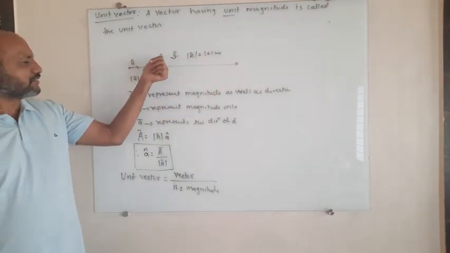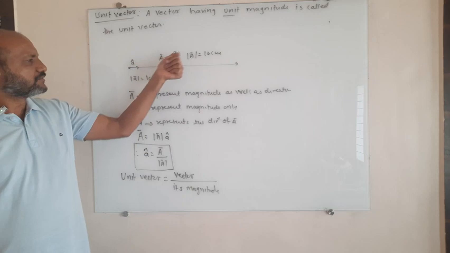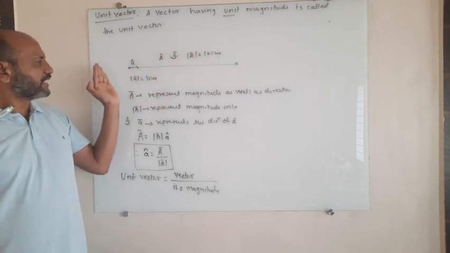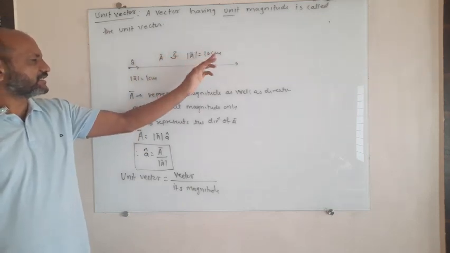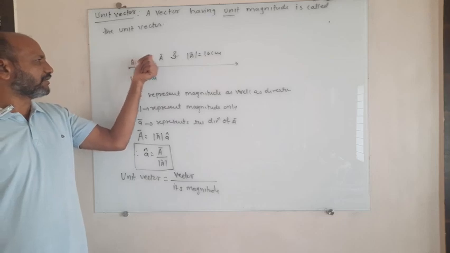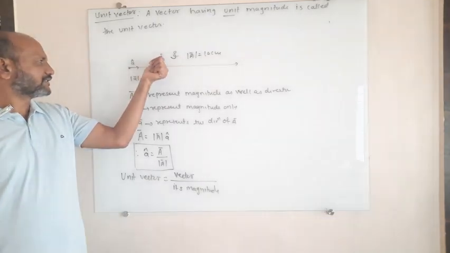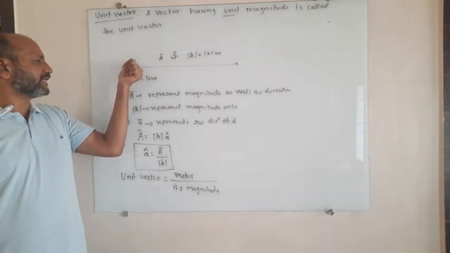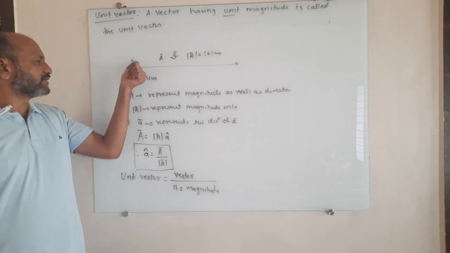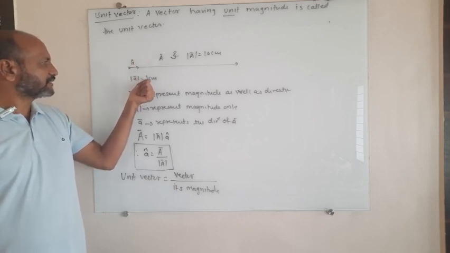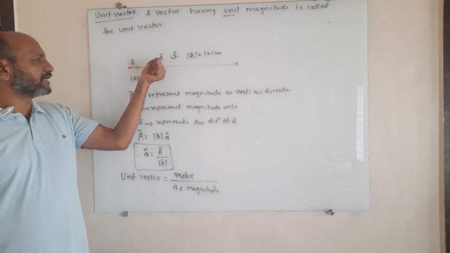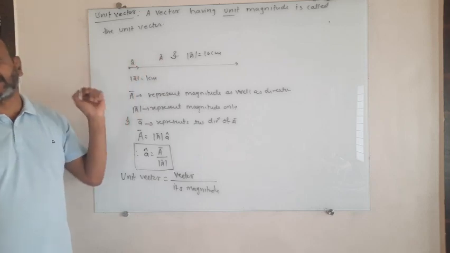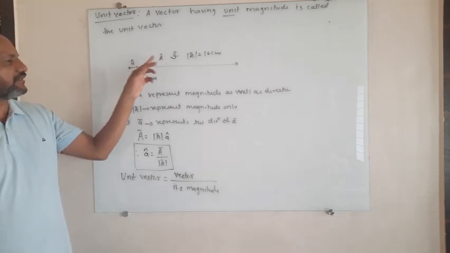Consider we have a vector A bar whose magnitude is 10 centimeter and direction from west to east. Another vector along the direction of A bar, which is A cap, has magnitude only 1 centimeter, but the direction of A cap and A bar are same, so A cap is called the unit vector of A bar.